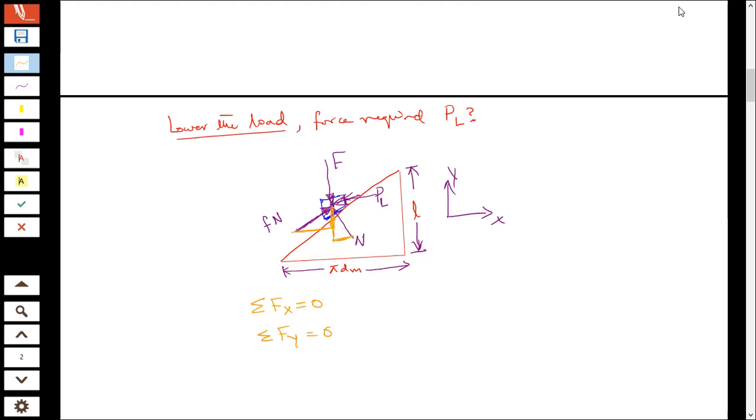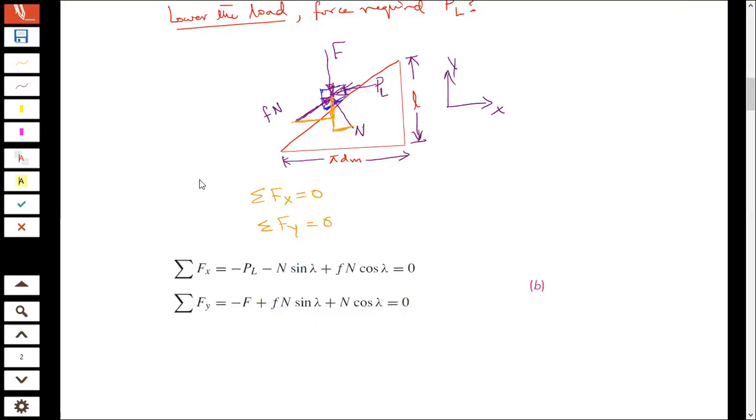Writing both of those equations over here: the sum of forces in the x direction and the sum of forces in the y direction.